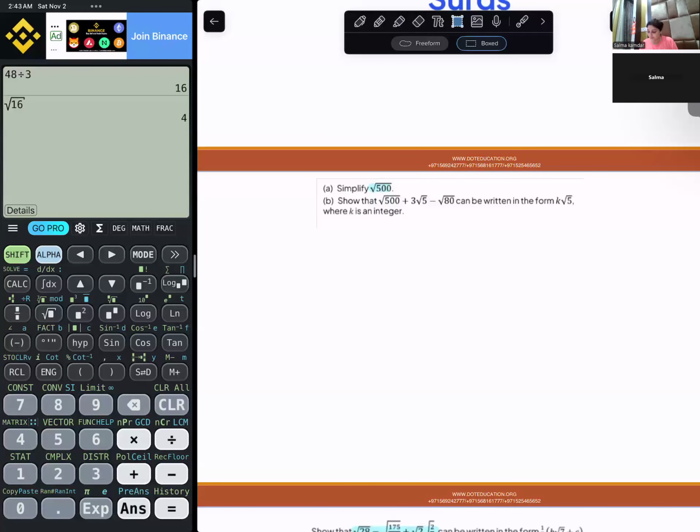Now you need to simplify this surd, root 500. Root 500, find the factor pairs. What will you find? Factor pairs. If I am supposed to find the factor pairs, that means root of 5 into root of 100.